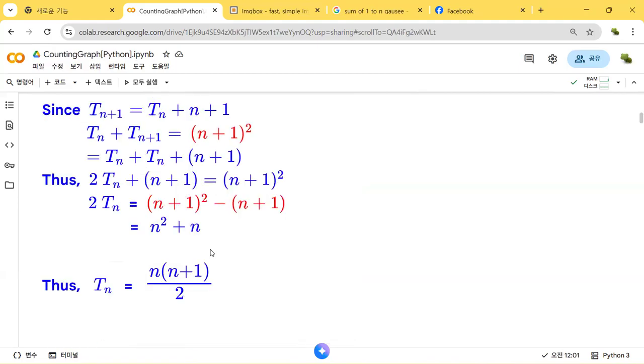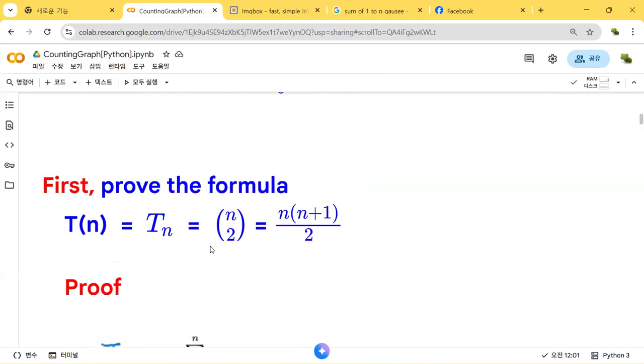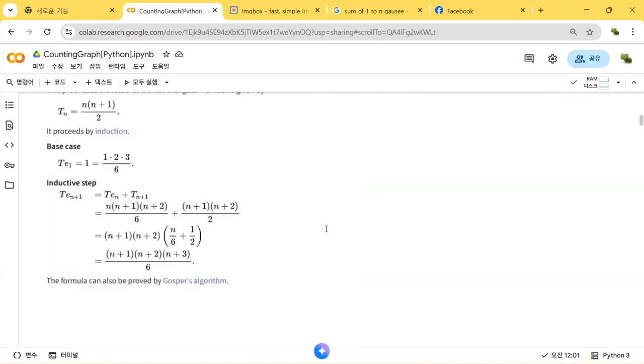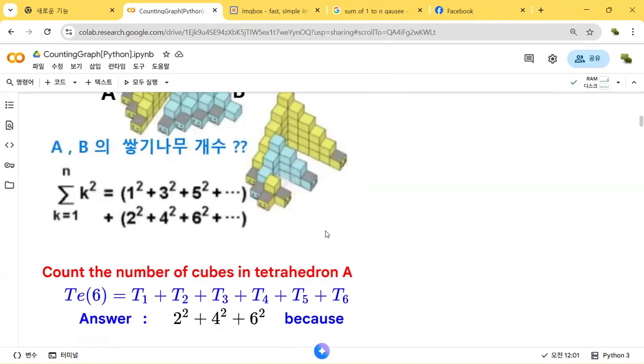Okay, but there is another proof. So in discrete mathematics, there are many ways to prove the same formulas. But it's up to you to choose a suitable proof for you.